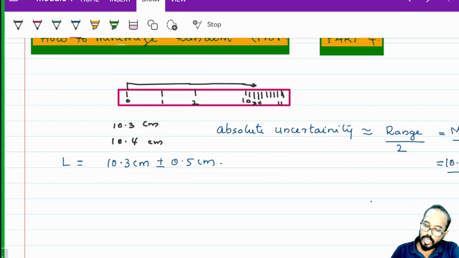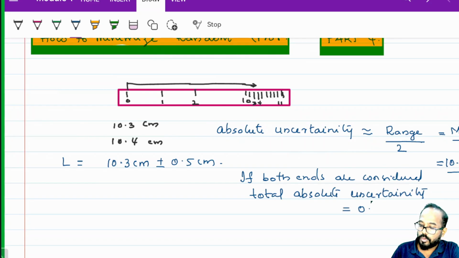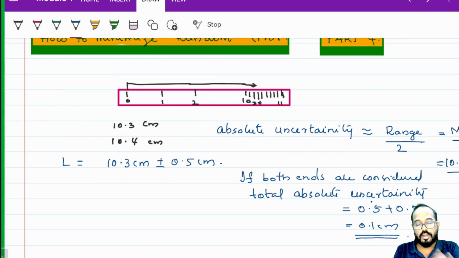So if you are calculating both ends, the total absolute uncertainty will be equal to 0.05 plus 0.05, as 0.05 absolute uncertainty is there on both. So it will become 0.1 centimeter. Understood? So is it clear? This is for one single measurement, right?